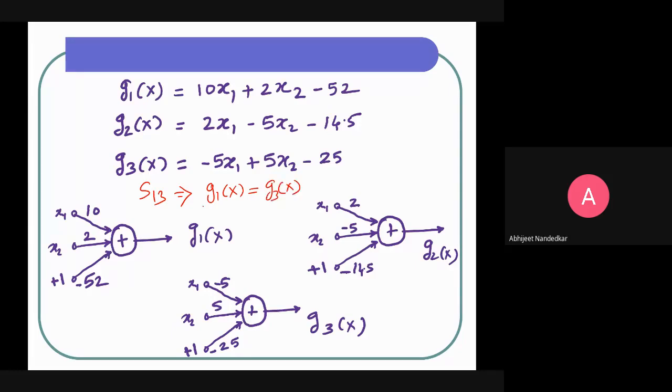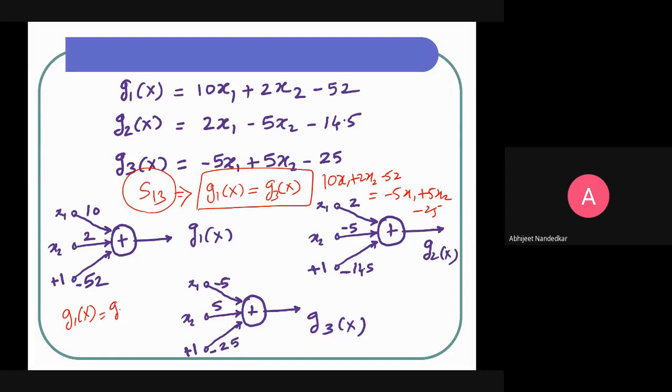The place where this happens is the boundary. So I can just equate: 10x1 plus 2x2 minus 52 is equal to minus 5x1 plus 5x2 minus 25. If you simplify this, you will get the decision line between the two classes. Similarly, you can equate G1(x) equal to G2(x), and you will get the decision boundary S12.